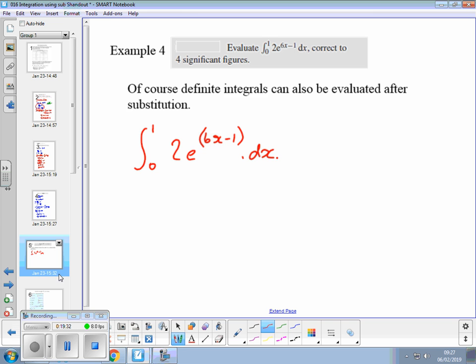My suggestion here would be that you integrate the function and then apply the limits afterwards. So where would we start with integrating that function, 2e to the 6x minus 1?